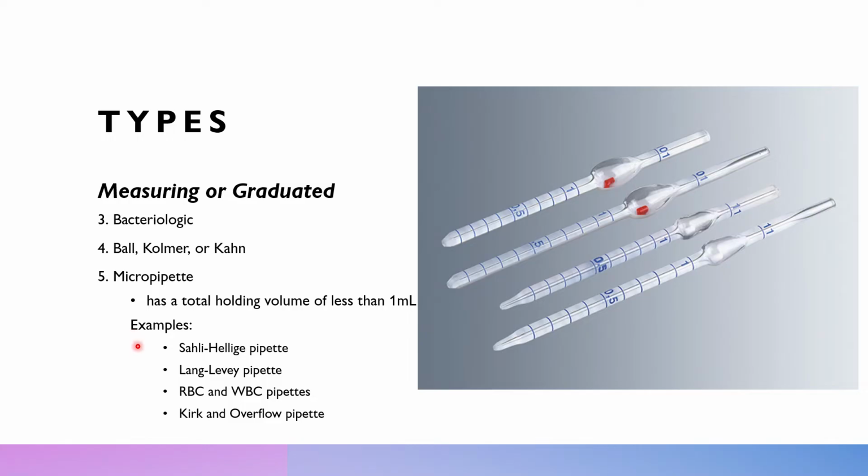Examples of which are Sahli-Hellige pipette, Lang-Levy pipette, the RBC and WBC Thoma pipettes. So this picture here are the RBC, red blood cells, and WBC or white blood cell Thoma pipettes. There are also Kirk and overflow pipettes. Those are examples of micropipettes under the measuring or graduated type of pipette.